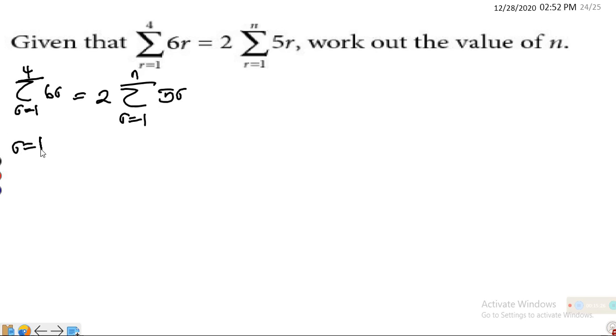When r equals 1, we have here 6 equals 2 times 5. Okay, we should be able to find that anyway.